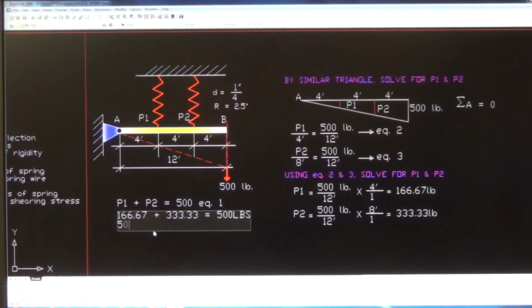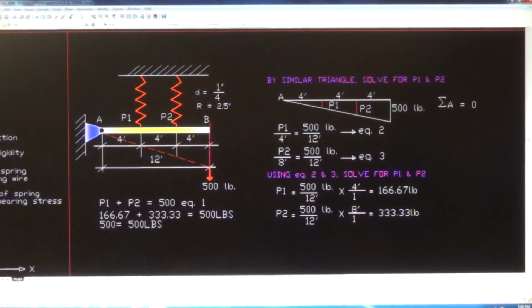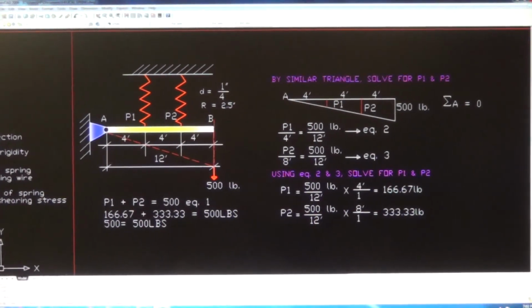So 500 is equal to 500 pounds. Okay, therefore our answer is correct.